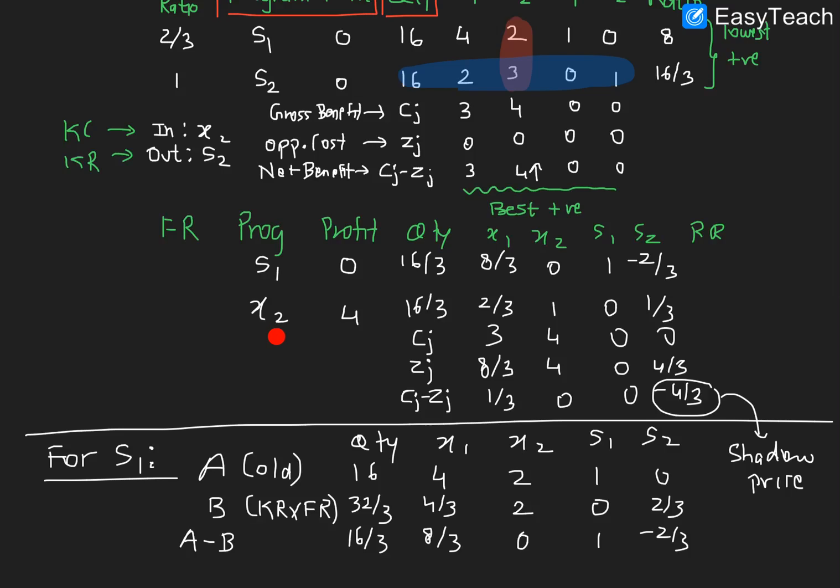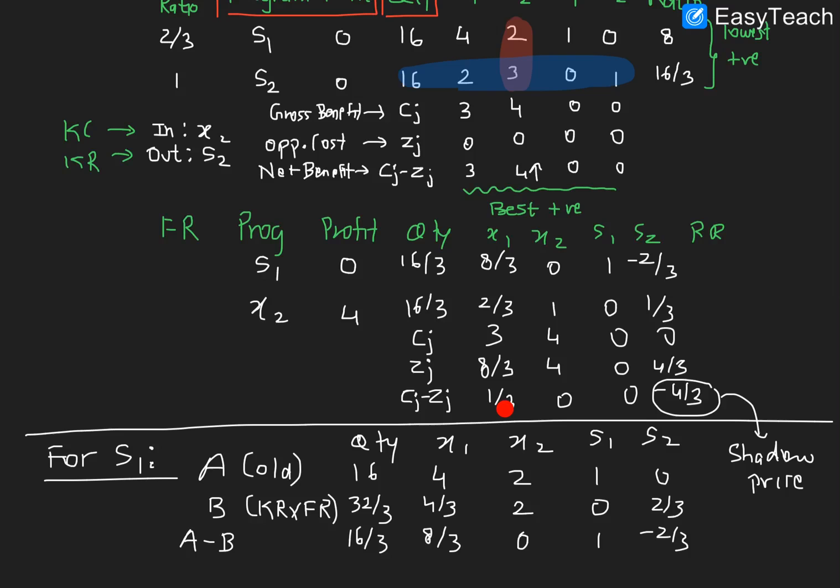And if the production of X2 reduces, obviously I'll be losing profit earned on it, and that is where this resource is now having a value. It is now having a shadow price or opportunity cost of 4 by 3. Now definitely we know out of these numbers, it gives me the idea as to which product is to be produced.